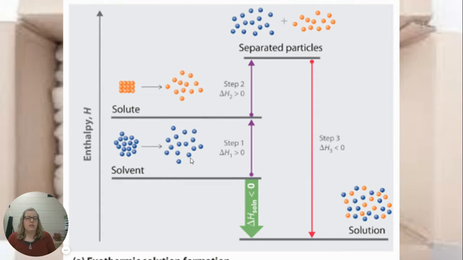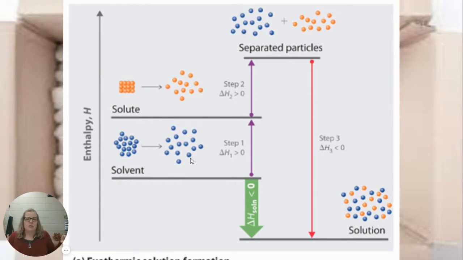Additionally, the solute itself needs to come apart to make room for the solvent to surround it. Both of those steps, because we're pulling things apart, are energy-requiring steps, thus they are endothermic. We're overcoming things like the lattice energy or the hydrogen bonds or whatever, and all of that requires some energy.